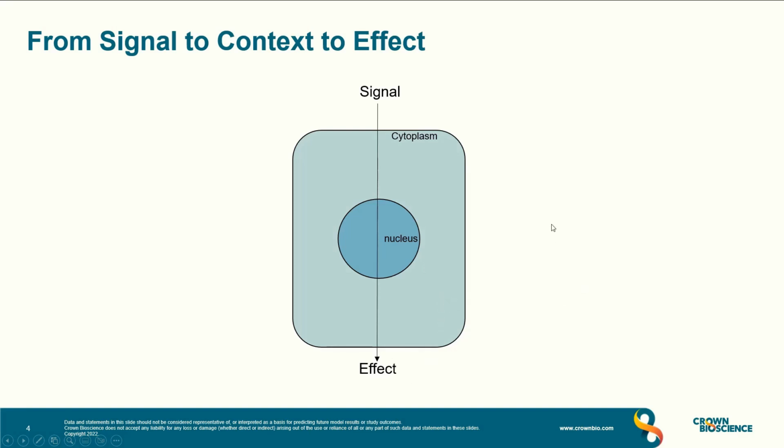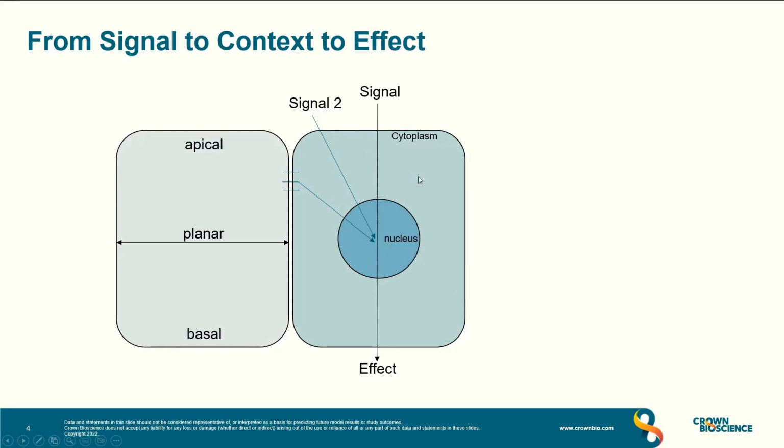But it is sadly not that simple because these effects are often modulated by either signals that are operating in parallel, or the tissue in which the cell is present. So, for example, this epithelial cell is connected to other epithelial cells, which have apical basal and planar cell polarity, which determine for the cells what's left and right and what's up and down.